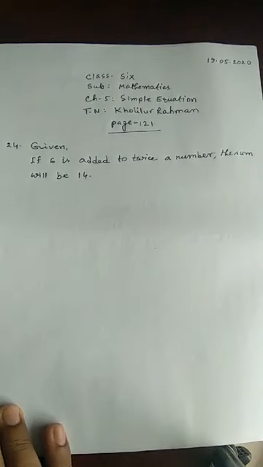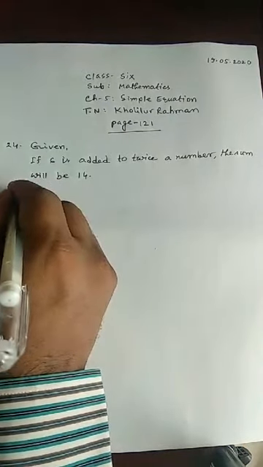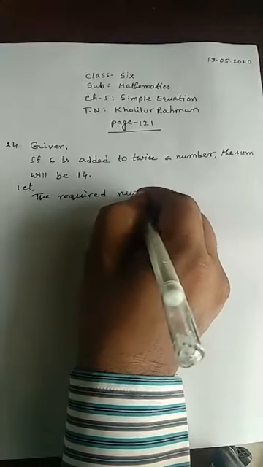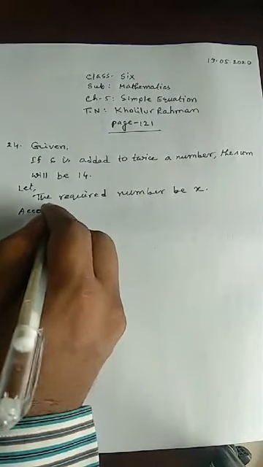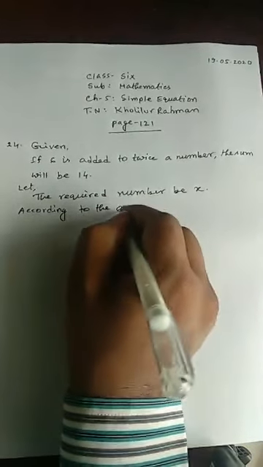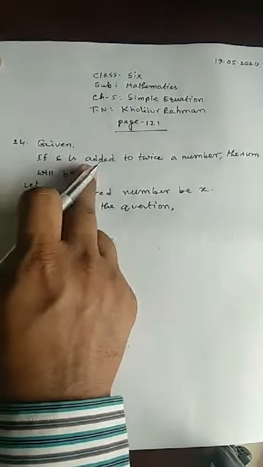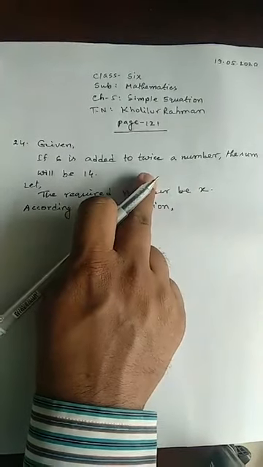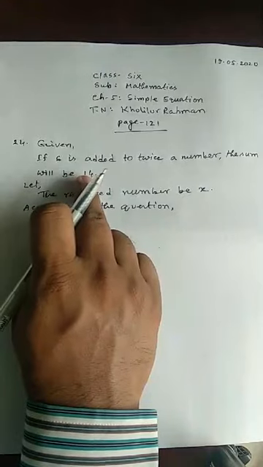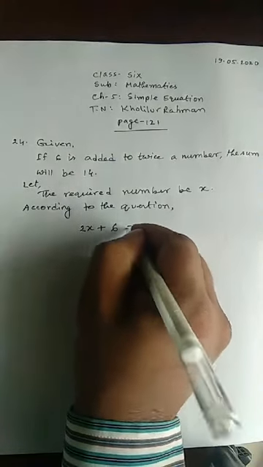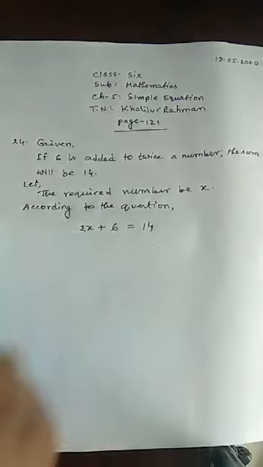Let the required number be x. According to the question, if 6 is added to twice a number, and the number is x, we consider twice, that means 2x, and you have to add 6 with it, that means 2x plus 6, and the sum will be 14, equals 14.